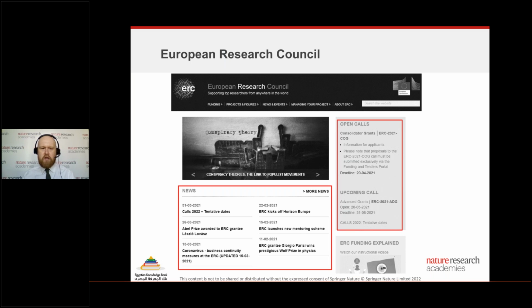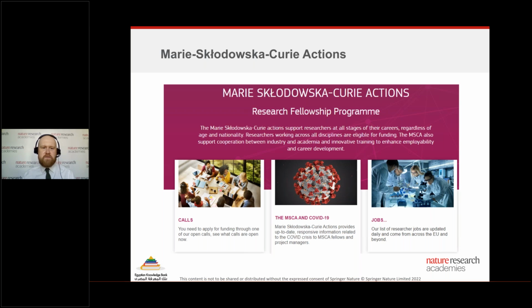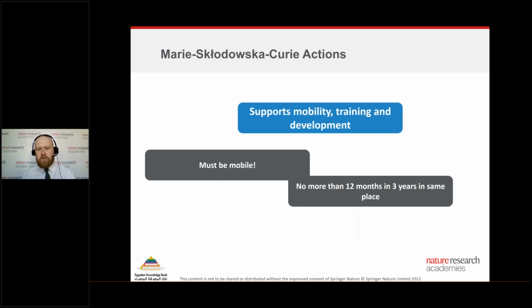So the next part of Pillar 1 is the Marie Skłodowska-Curie actions. The second program really is about supporting the mobility, training and career development of researchers. In order to be eligible for Marie Skłodowska-Curie actions, you must be mobile.